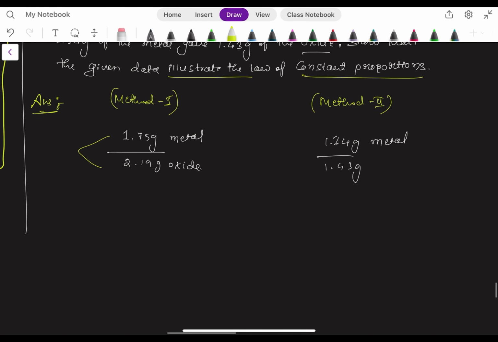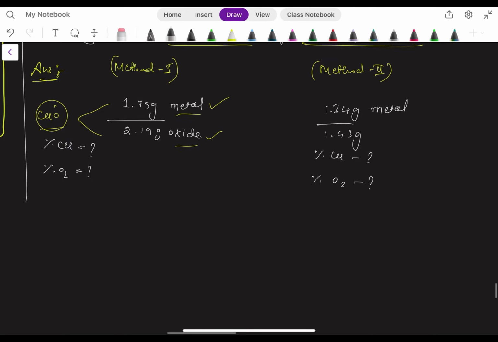The combination of these two we call copper oxide. Copper is a metal, and copper oxide also contains oxygen. In this copper oxide, I need to find the percentage of copper and the percentage of oxygen. The same for the other case. Let's understand with a simple formula.